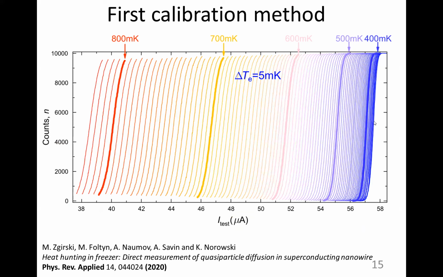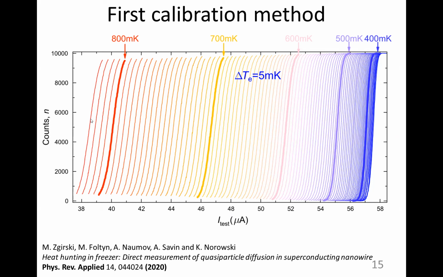We set a constant bath temperature of, for example, 100 milli-K, then we change it a little bit to measure another S-curve at a different temperature. And we see that the position of the S-curve, marked by the probability equals 0.5, goes from the high current to the low when you raise the temperature.